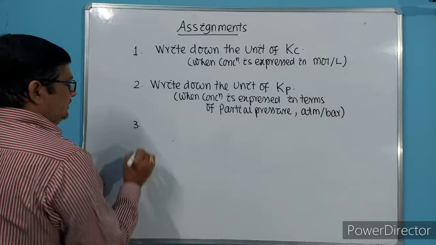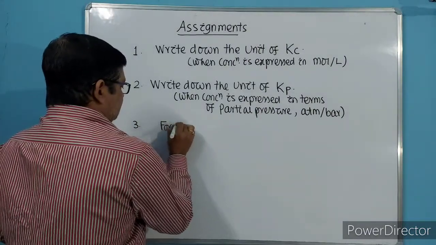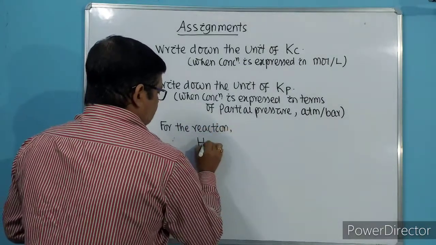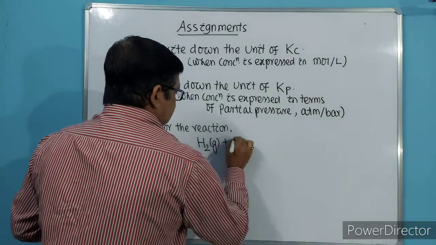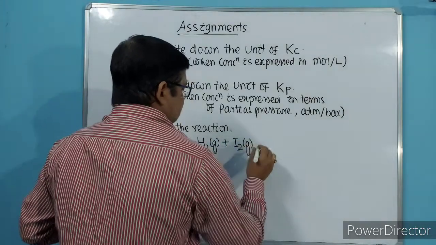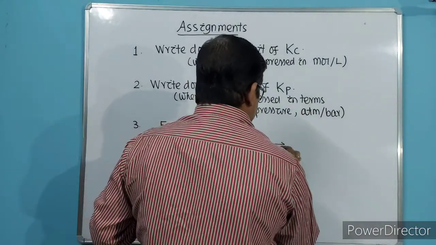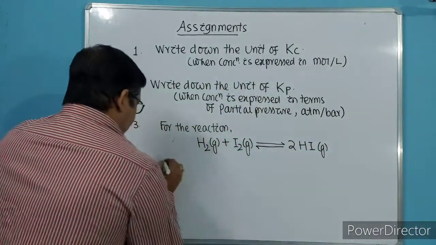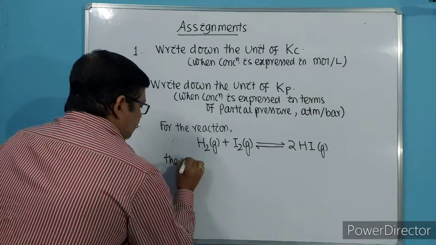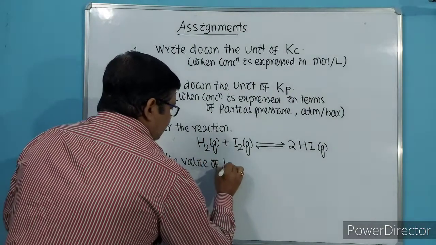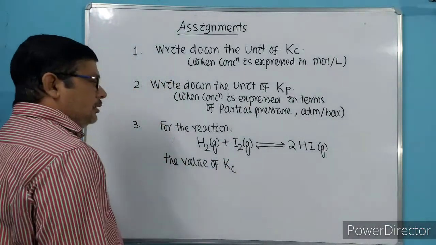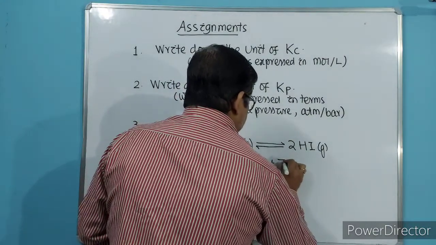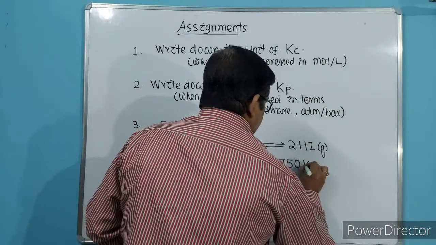Question 3. For the reaction H2 gas plus I2 gas gives rise to 2HI gas, the value of Kc, that means equilibrium constant in terms of molar concentration, is equal to 48 at 750 Kelvin.